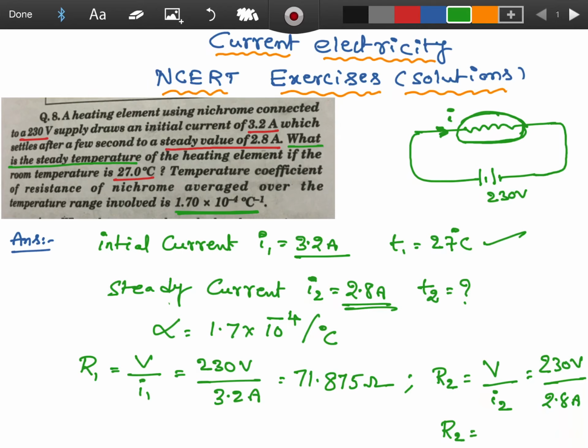That's why initially it is 3.2 ampere, because it is at room temperature with no heating effect for the first few seconds, so the current is maximum, slightly higher than 2.8.